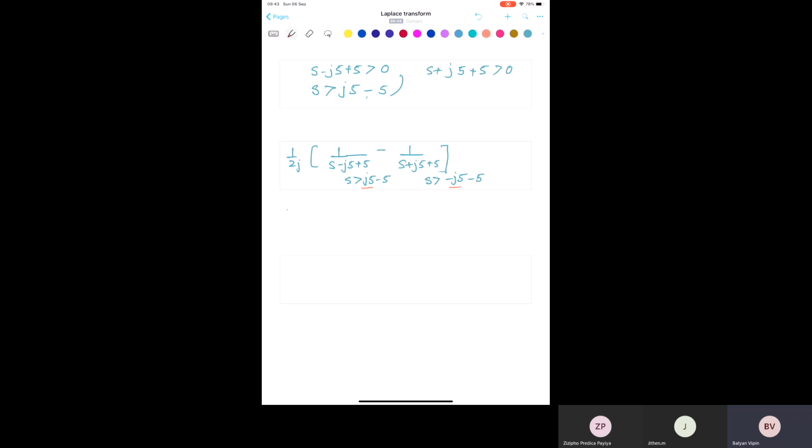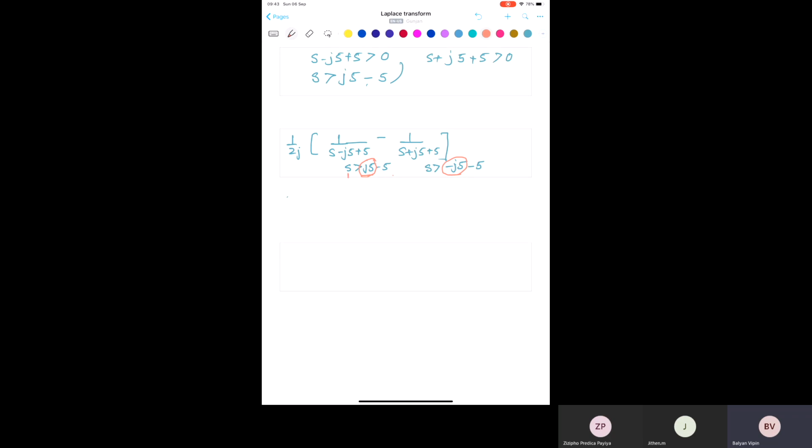It will not affect the region of convergence, meaning where the signal will exist in the frequency domain will not be affected by this. It will just tell how much the signal is shifted, so you can say how much the phase difference is. So when you are finding the region of convergence, you will just consider the real part. Both of these are telling us that s is greater than minus 5.